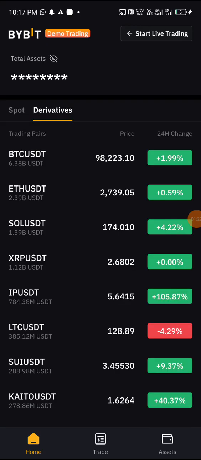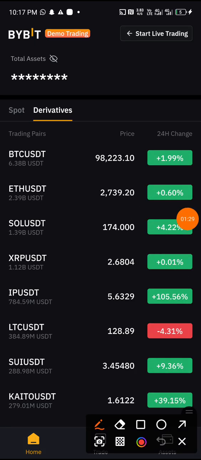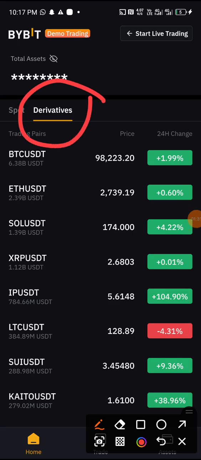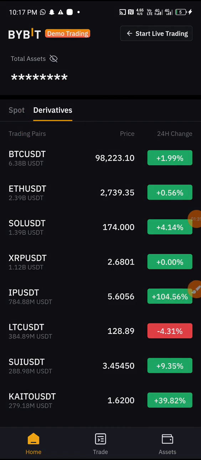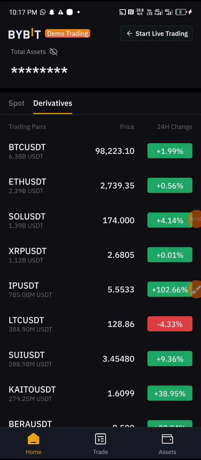So before you can trade on leverages, you first make sure you choose derivatives, which is here. You can see derivatives boldly showing here. Derivatives is where you can trade with a lot of leverage, like a lot of borrowed funds.